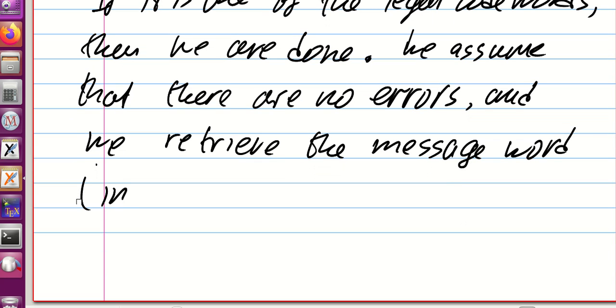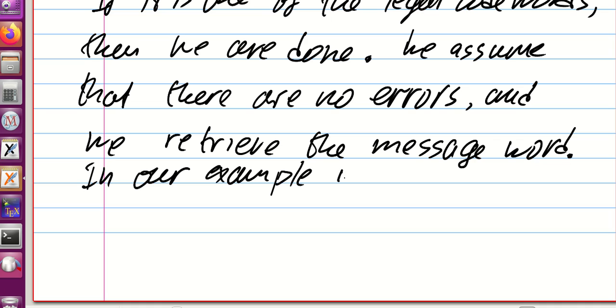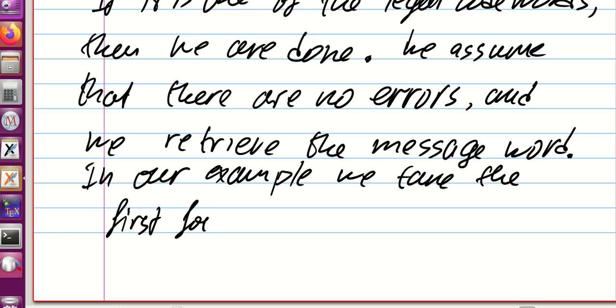In our example, we take the first 4 bits. That was step number 3.